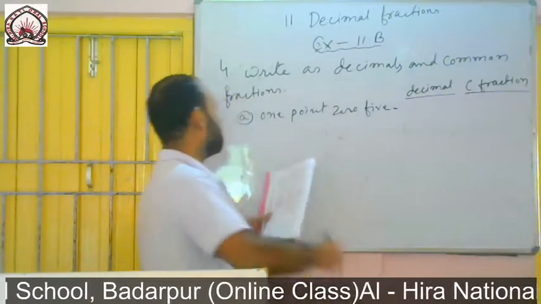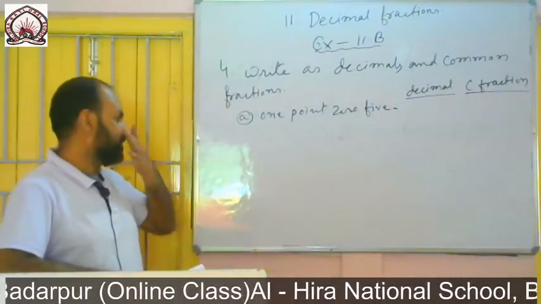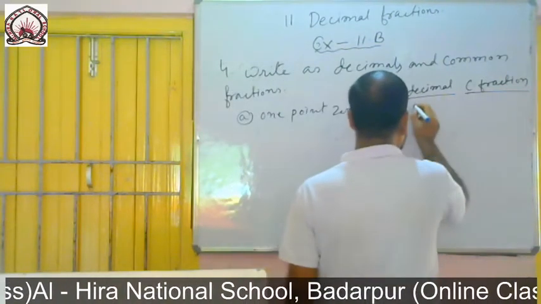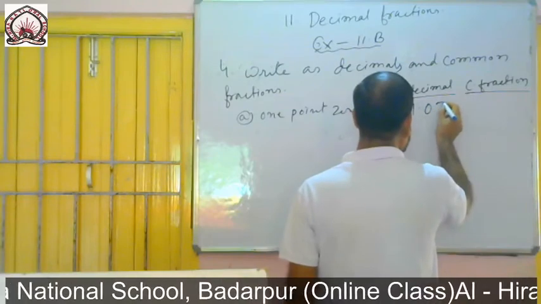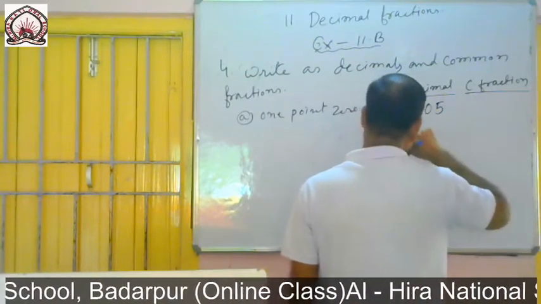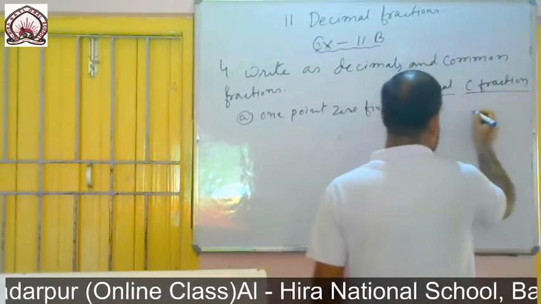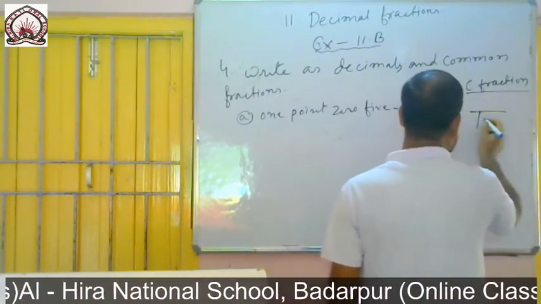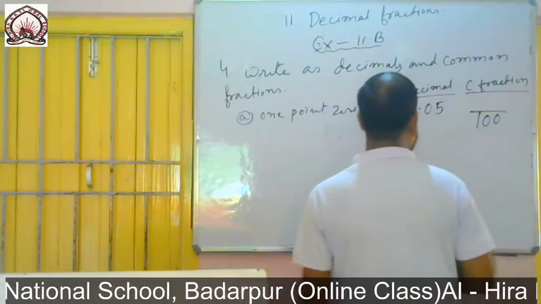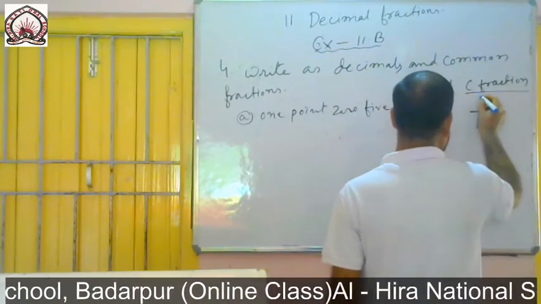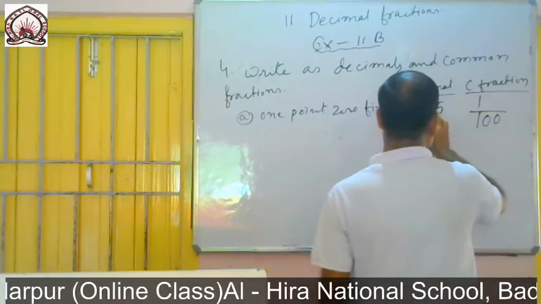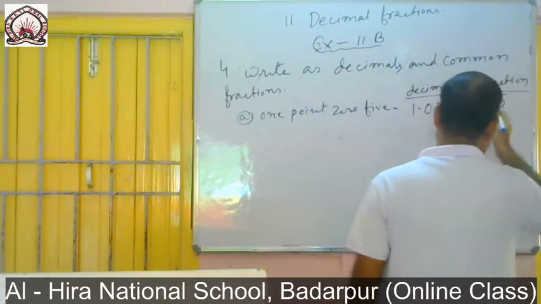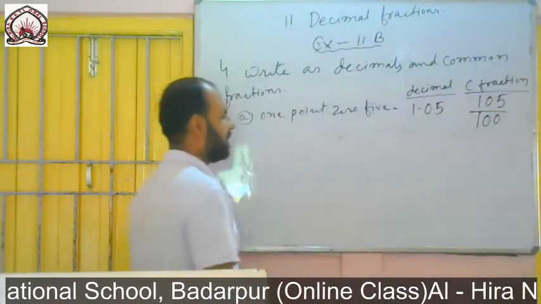So first, what the question said, 1.05. And the common fraction is what? In place of the point we give 1 and two zeros, so the denominator is 100, and the numerator we write without the point. So we write 105, that means 105 by 100.